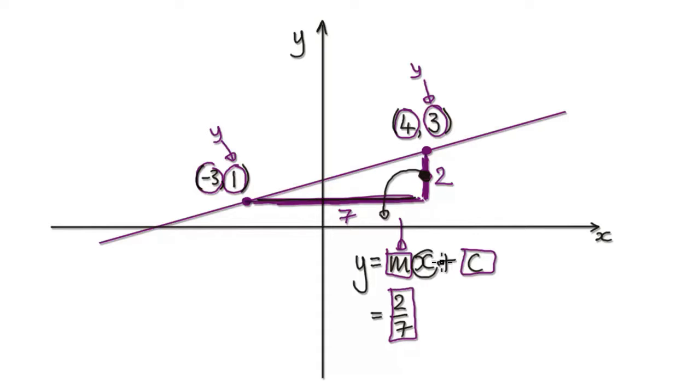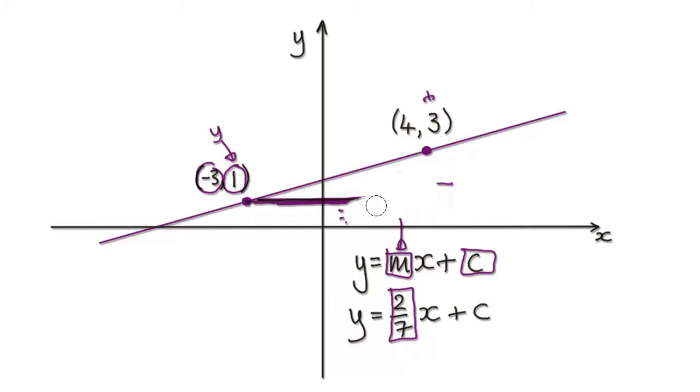This here is our m. Then we've got x, and then plus c, and then y. So now we need to work out the intercept, c.